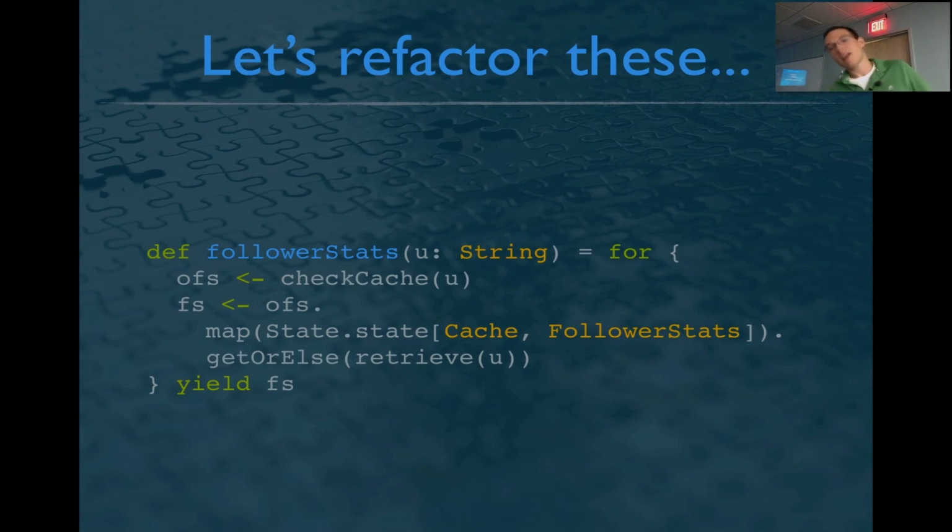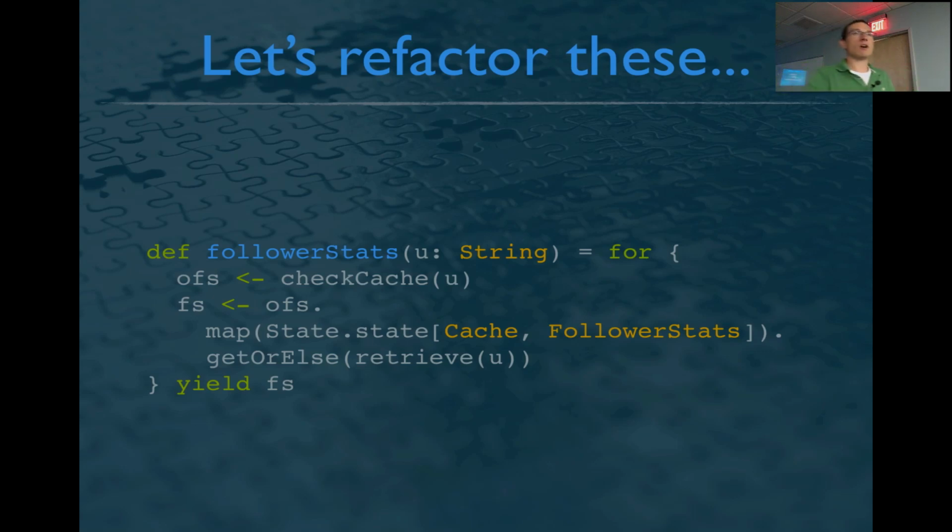And it turns out that, due to limitations, at least in the inferencing algorithm in Scala 2.9.2, when we call map in this way in the point-free style, the inferencer can't figure it out. We're calling state.state, but we're not passing it an A directly.